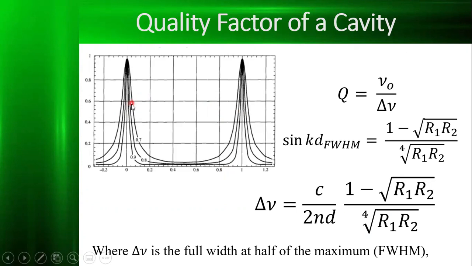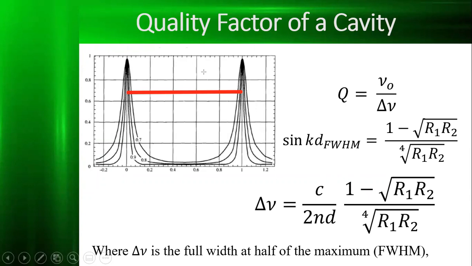So the free spectral range, as I just mentioned, let me do it one more time. The free spectral range is this line, or we can make it a straight line, it will be better. So the free spectral range is the distance between two successive resonances in the system, in the optical cavity.